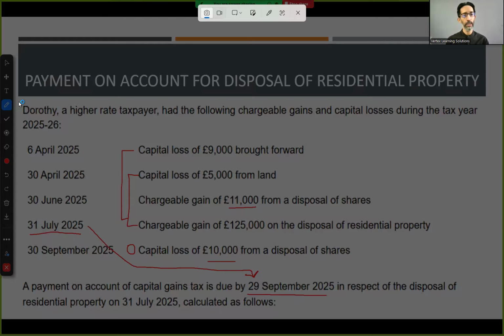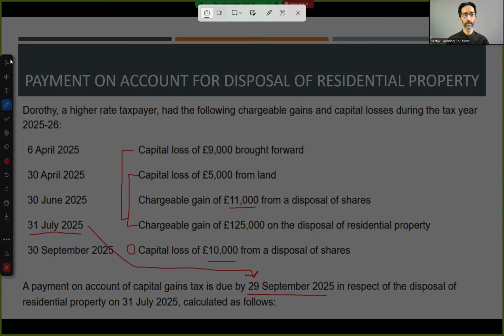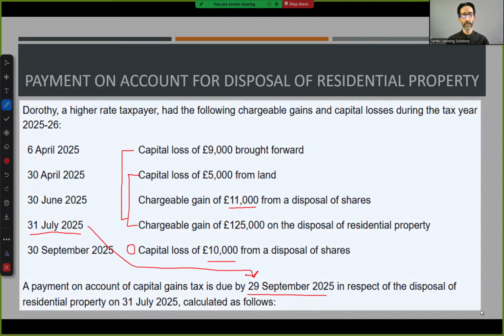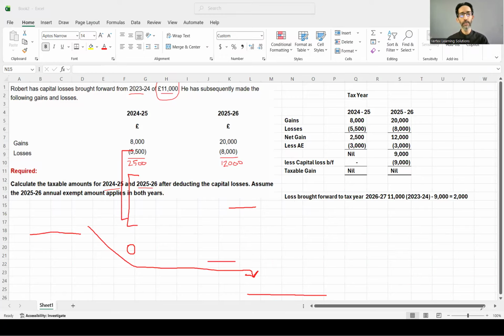I would like to take this to the Excel sheet for you to have a better understanding. So first of all, we will have the calculation only for the residential property, and then we will have the calculation for the total value, because we know that it should be part of the self-assessment.